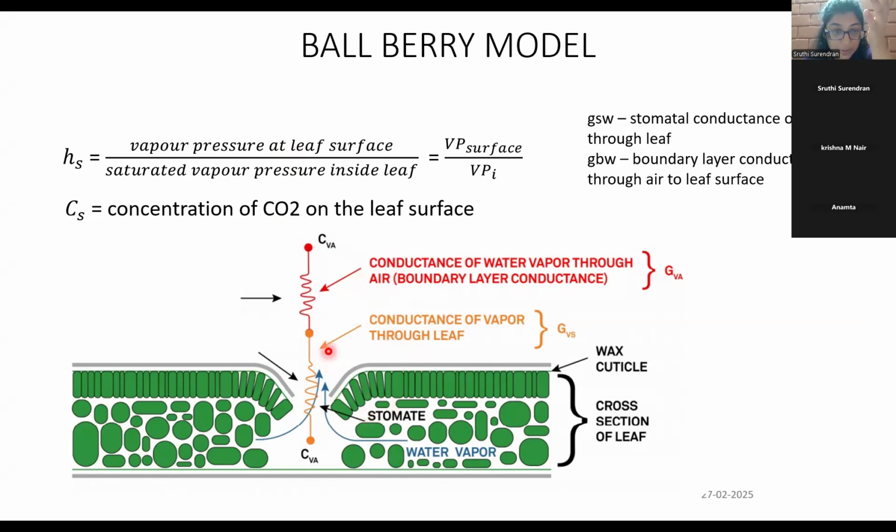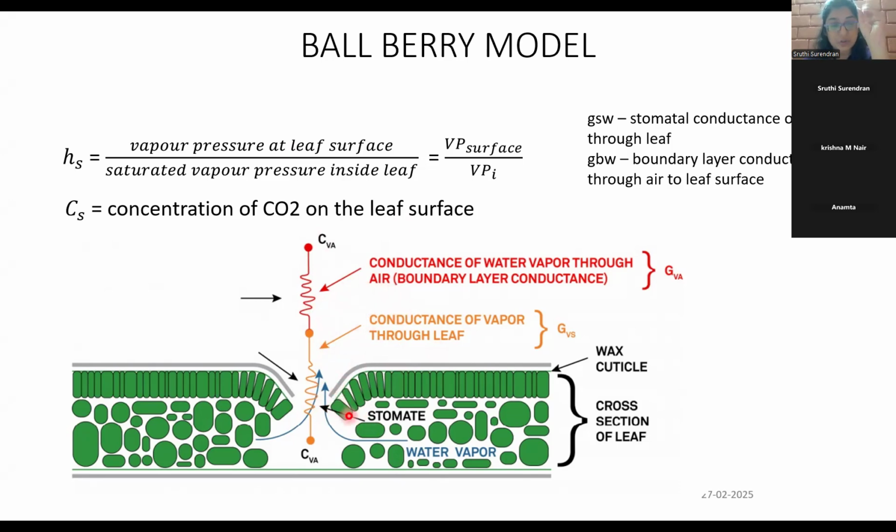Suppose water vapor is going out over here, the total conductance is the total conductance, not the stomatal conductance. The total conductance will be the sum of the stomatal conductance, which is the conductance from the inside of the leaf to just the surface of the leaf, and from the surface of the leaf to the air part. So this is what the total conductance will be.